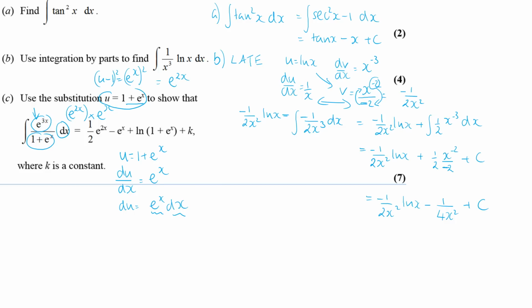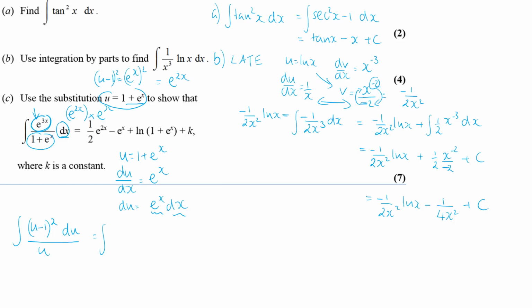So now I can make my substitution. It's going to be e to the 2x, which is our u minus 1 all squared, times my du. That will give me the e to the 3x, because I'll have another e to the x times the dx. So that's sorted all the top out, all divided by u.